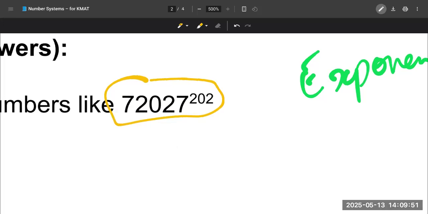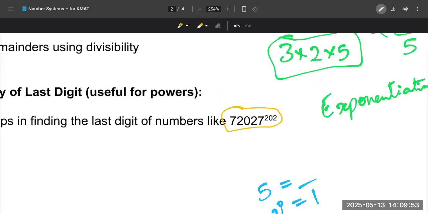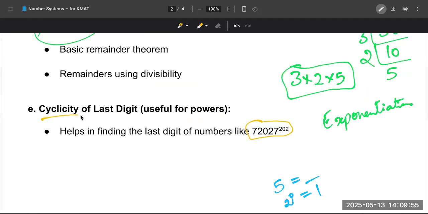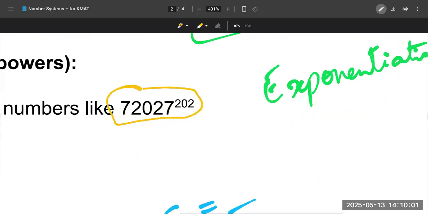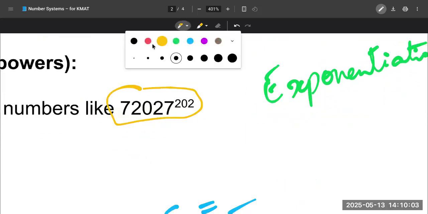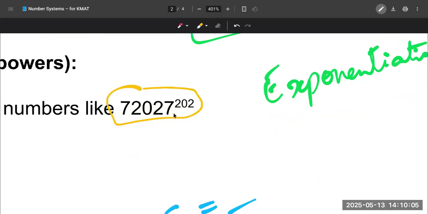We'll find out using the principle of cyclicity. The last digit is repeated in cycles. So here you only have to take into consideration the unit digit 7 and the power 202.